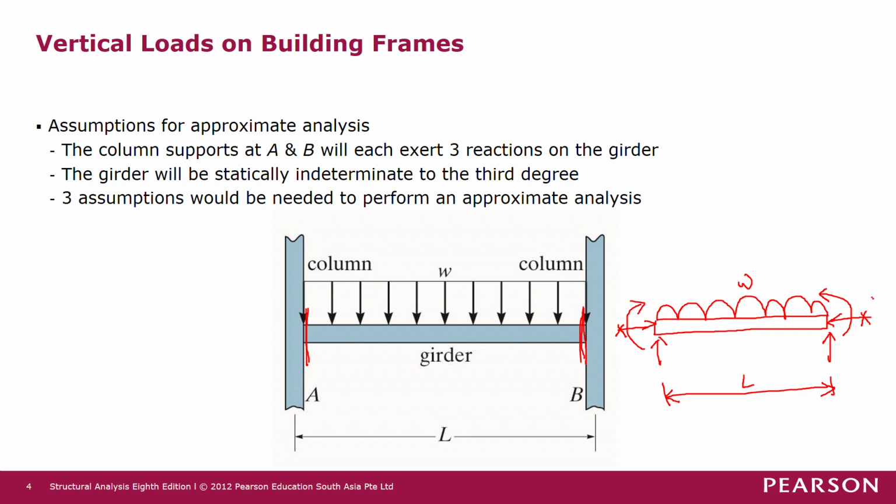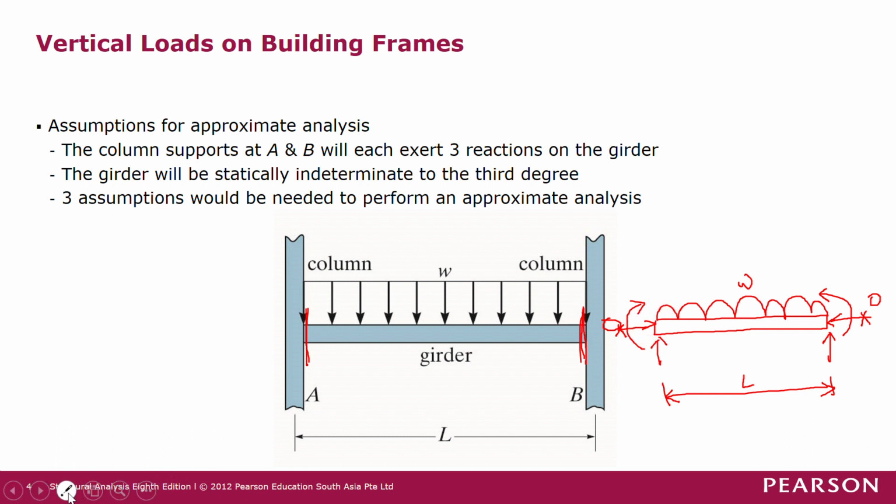So this should be zero, and this should be zero. Because this horizontal reaction would exert axial force in the girder. So we say that there is no axial force in the girder, there are no horizontal reactions. So this is the third assumption.